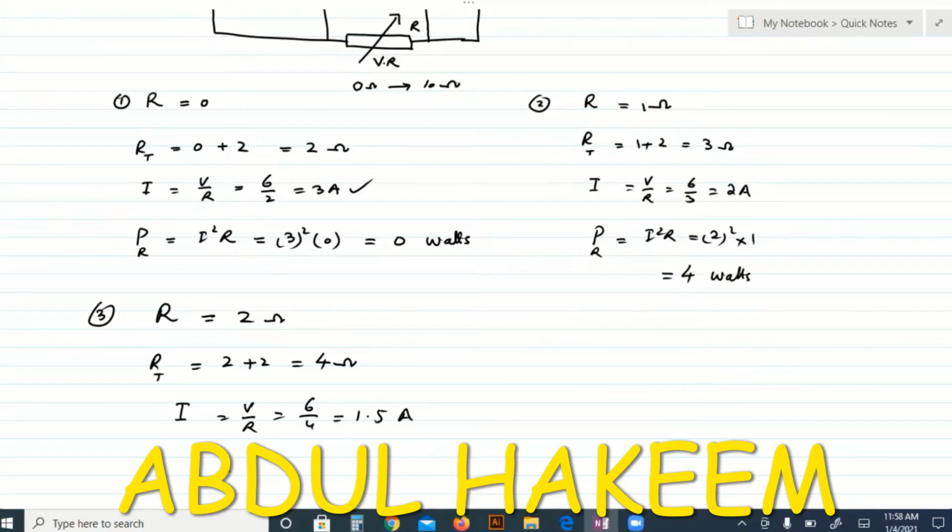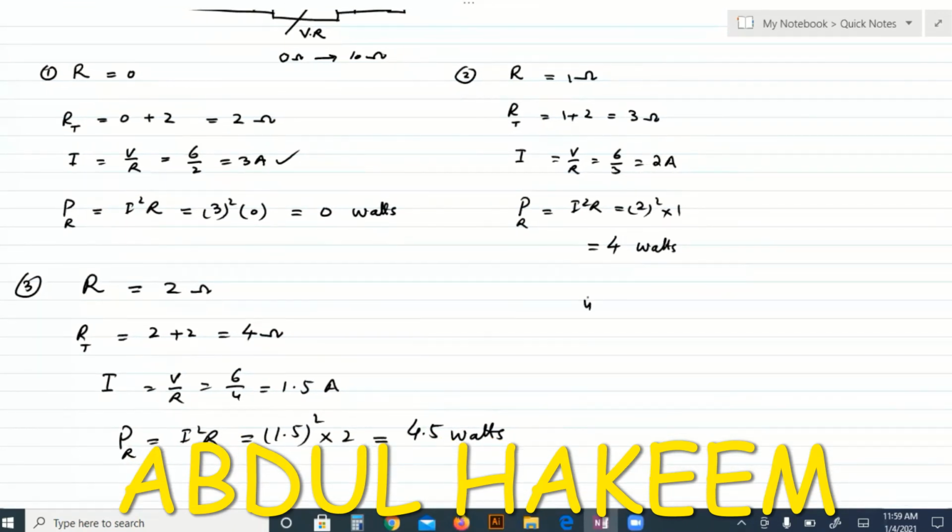Current further decreases, and the power across the external resistor is I square R. So it is 1.5 square multiplied by 2. So the answer is 4.5 watts. Look, the current is decreasing and the power is increasing. First 0, then 4, then 4.5.